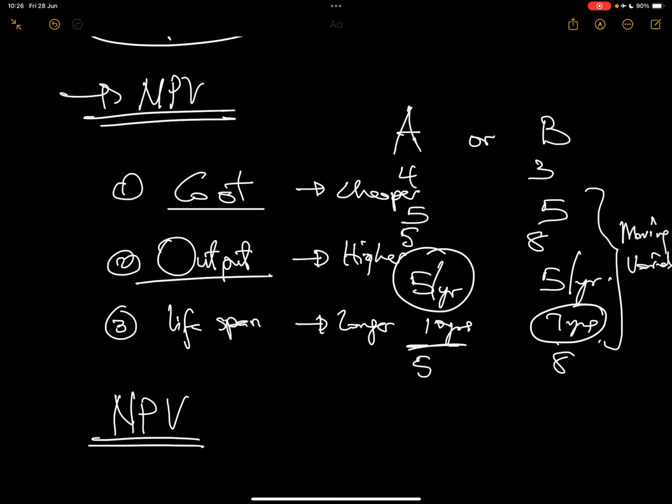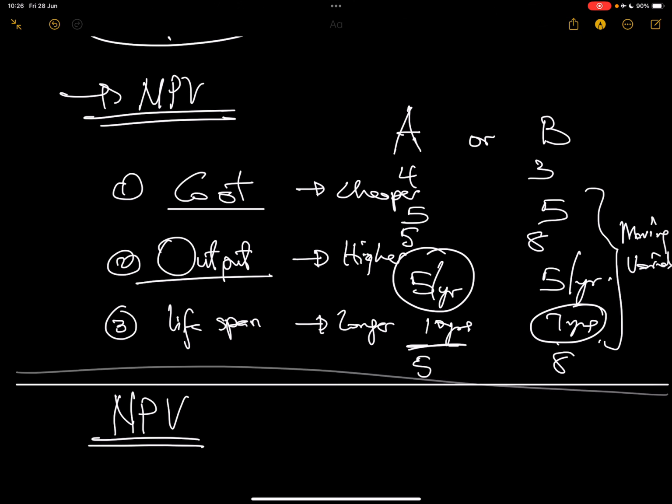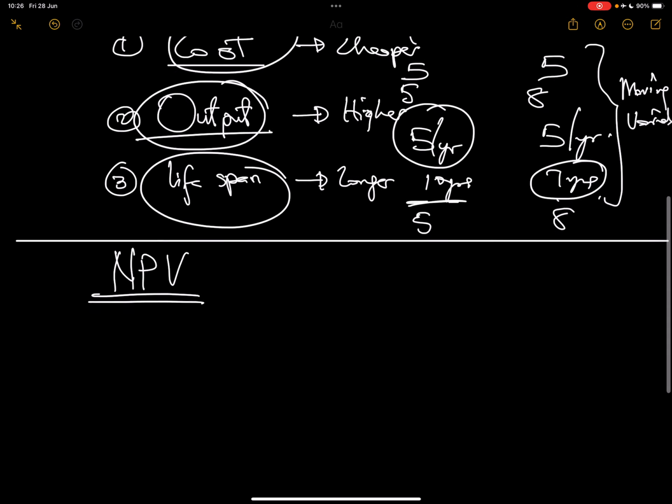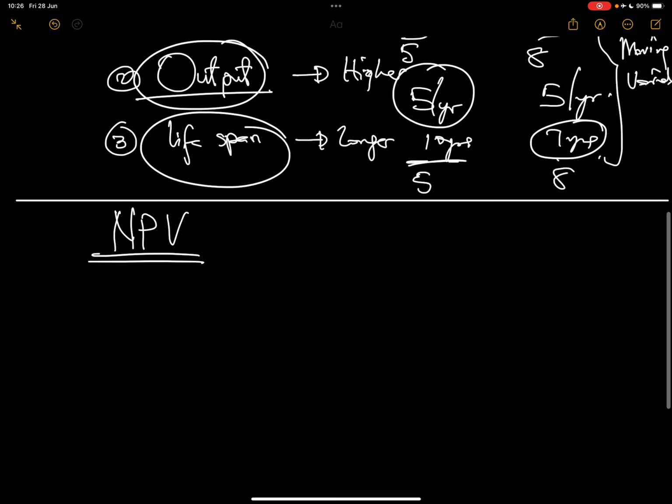Because on the plain view of this data, when you have different variables moving around, cost is different, output is different, lifespan is different, it is not just very straightforward to decide on what asset you're going to use. And that is why net present value is your choice.